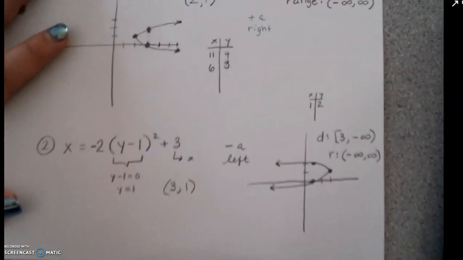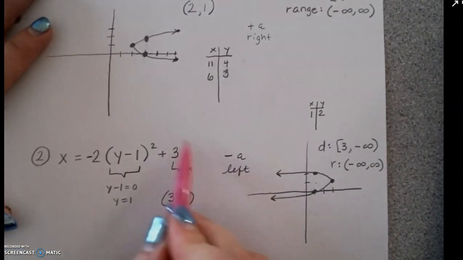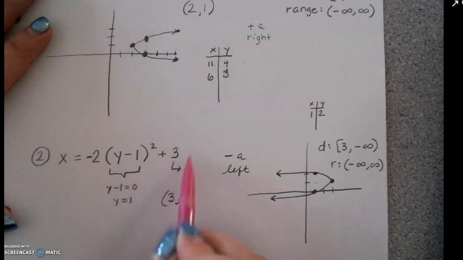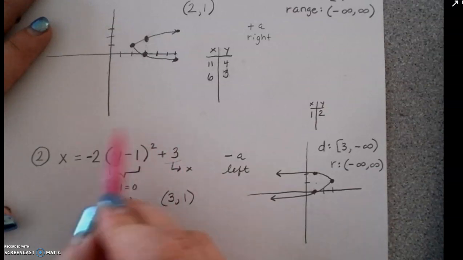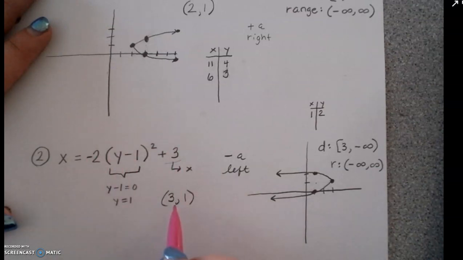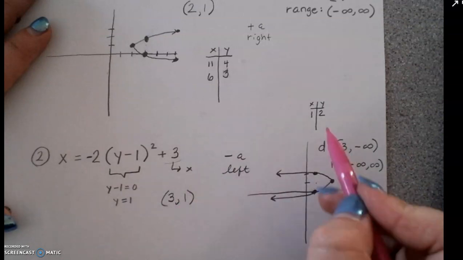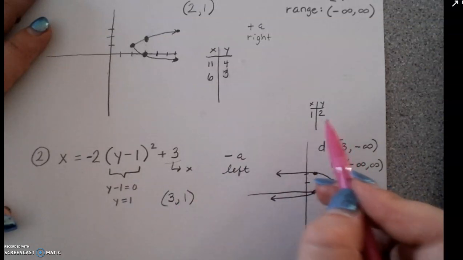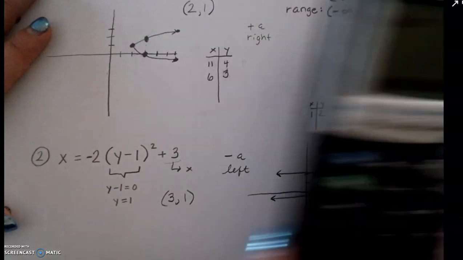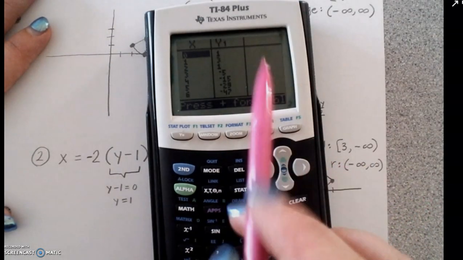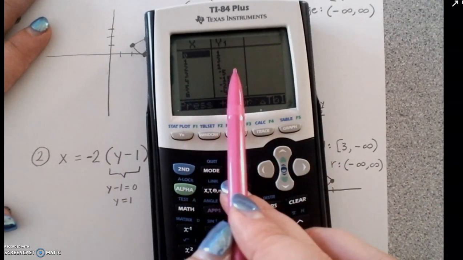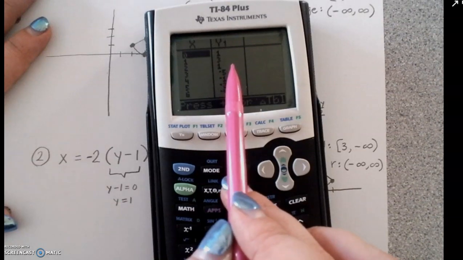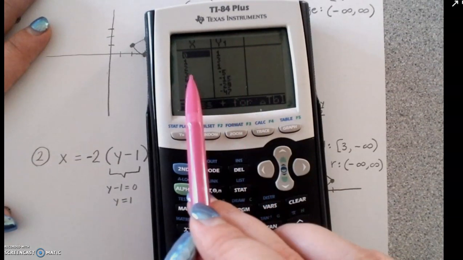In vertex form, the number hanging off the end used to be my y. Now it's my x, and whatever's in here is my y. That's my vertex. And then I can either, again, test numbers by hand or use my calculator table and just instead of viewing it xy, left to right, I have to read xy, right to left.